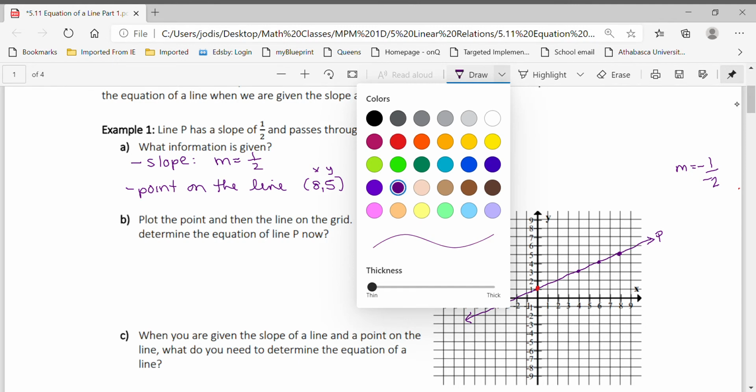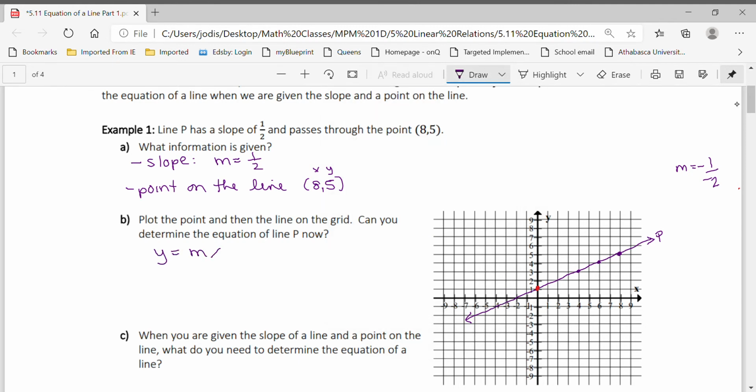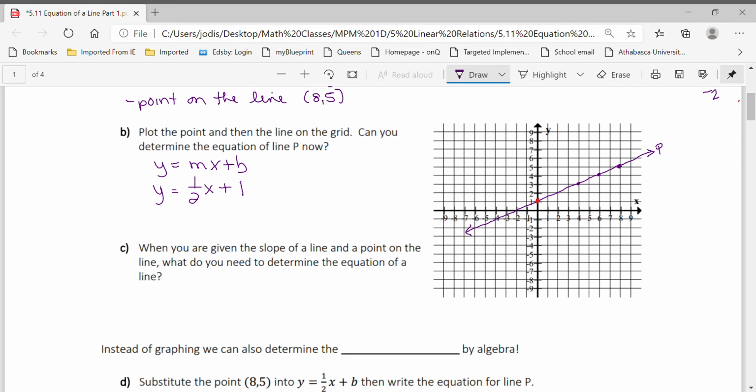So we use our y equals mx plus b. We know the slope was 1/2, and then if we take a look from our graph, our y-intercept is 1. So when we're given the slope of a line and a point on a line, what do we need to determine the equation of the line? Well, the missing piece would be that y-intercept.